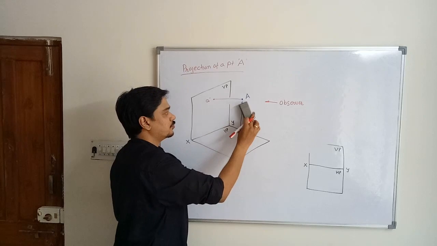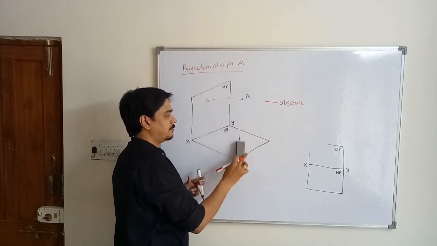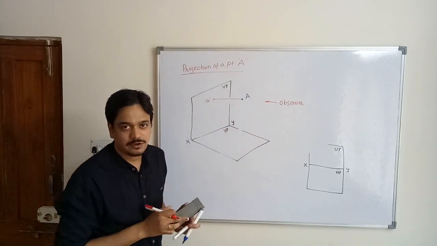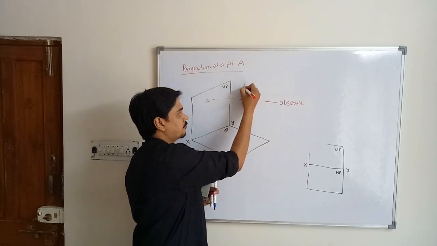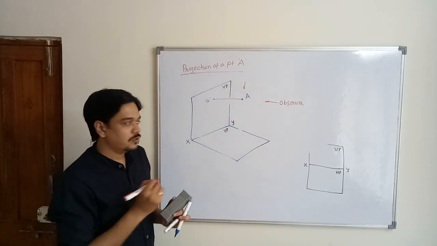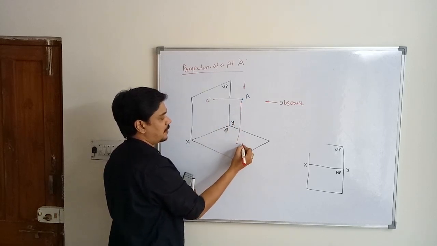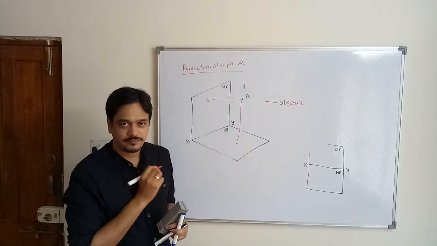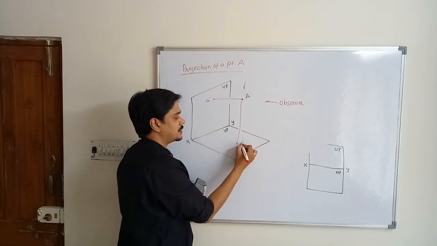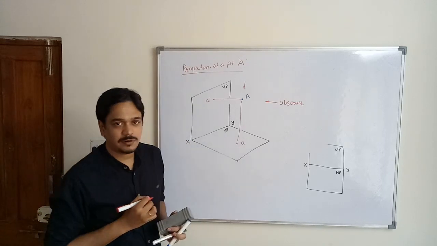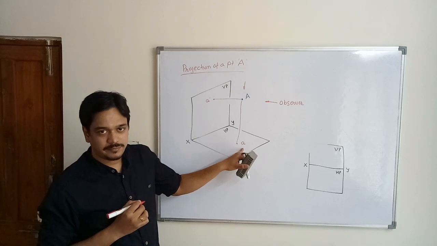Similarly, if you throw a light or observe this point A from the top direction, its image will appear on the horizontal plane. This image of point A will be termed by small a.